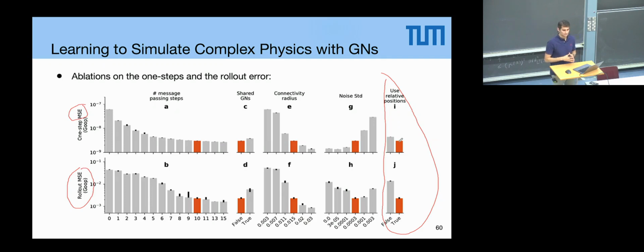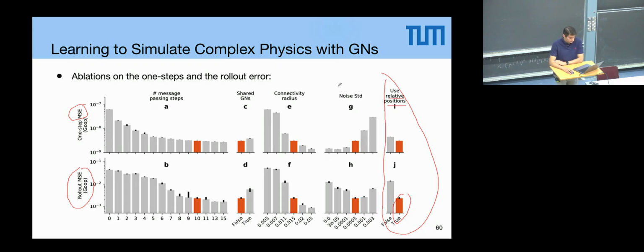Normally we are interested in the accuracy of the simulation through the whole rollout, not just at the next time point. And we can see here in this last column the importance of using relative positions, which is the same as saying having a translation invariant model. So we can see that for the rollout, if we have a translation invariant input, the error is half of what we would have if we are not considering this invariance.